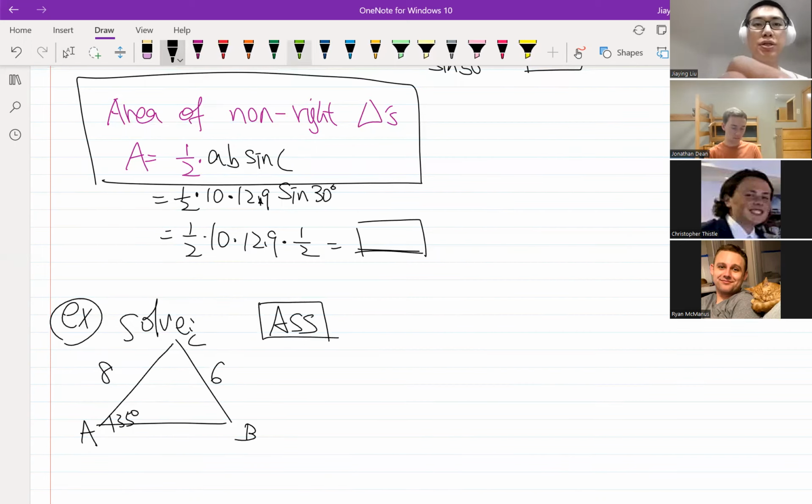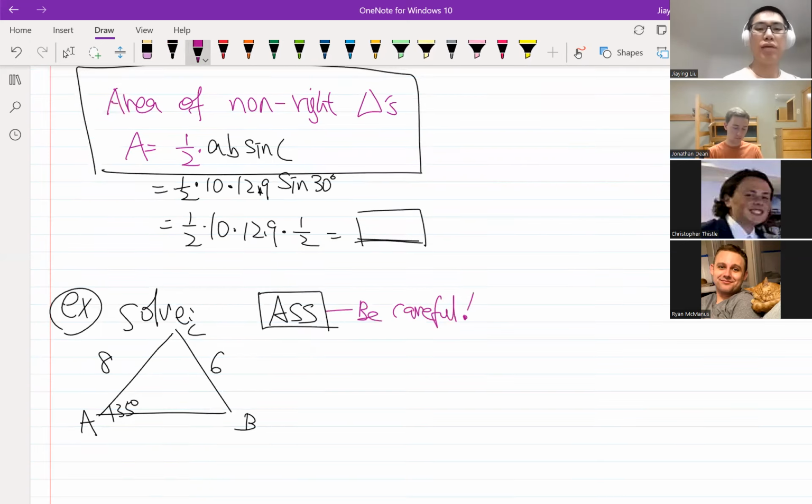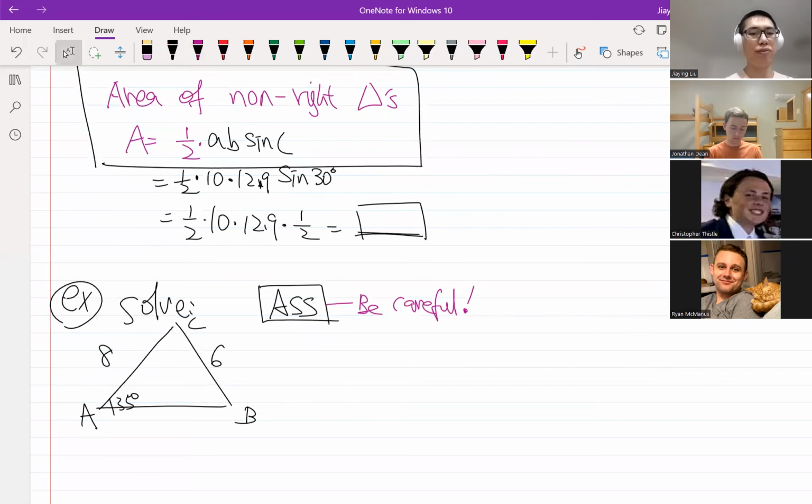And it's always a bad case, so you have to be very careful. I'm going to show you which part you need to be careful about. So let's just say this is what we have. We only have one angle and two sides.